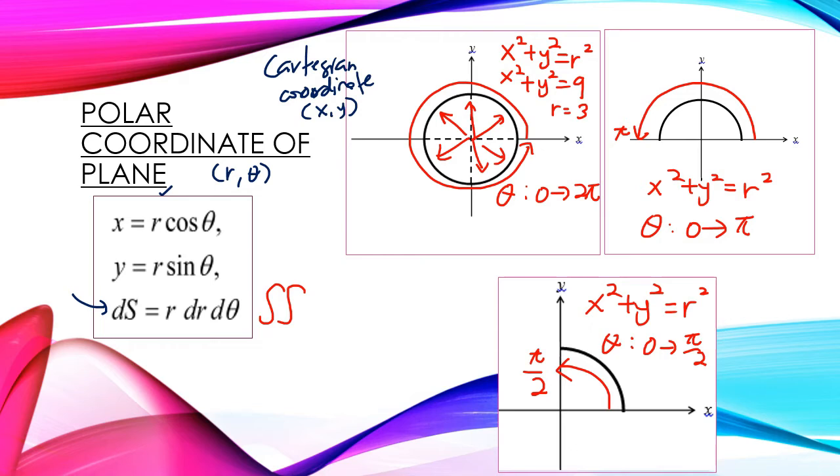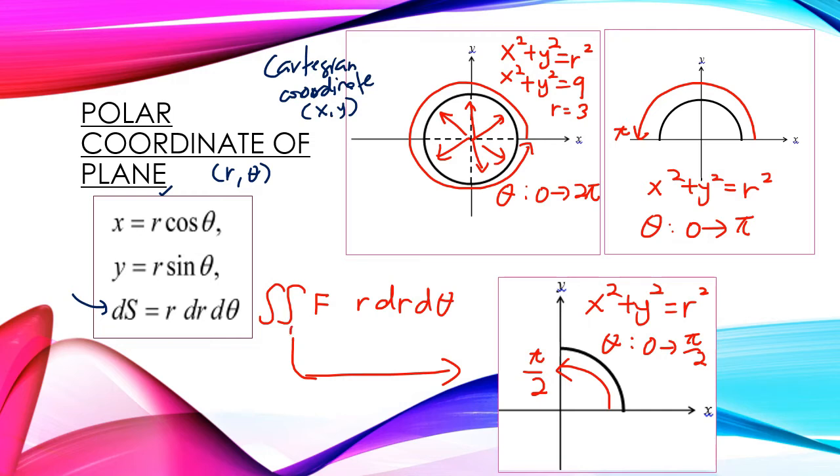Okay, so let's say you want to solve the double integral. You want to know the surface integral of this first octant circle. So what you have to do is, let's say you want to solve the function f. Make sure the f will be in terms of r and theta. So you substitute, so you have here r dr d theta.